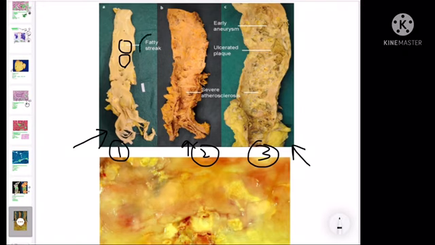So the initial stage of fat accumulation is the fatty change. Gradually it progresses, and it leads to accumulation of more and more fat into the tunica intima, and that leads to the formation of the fatty plaque.